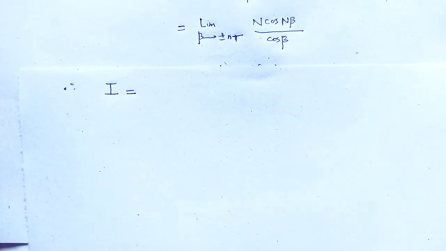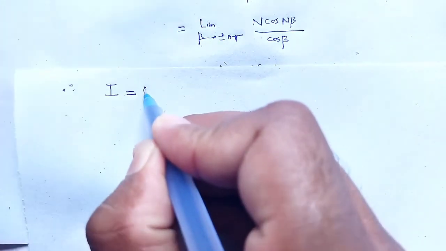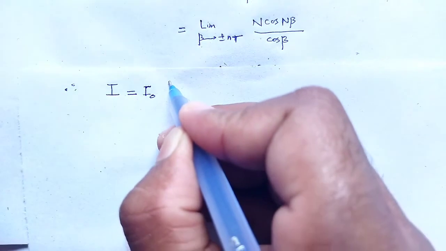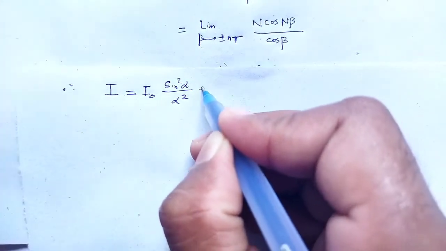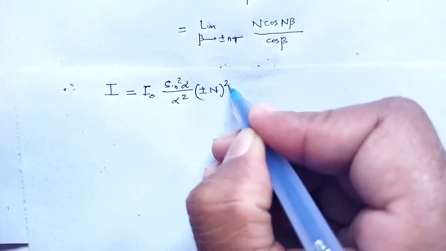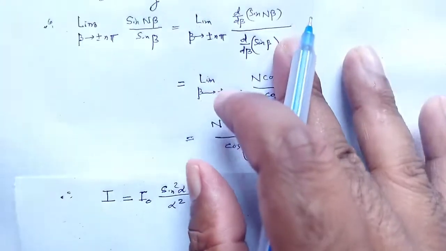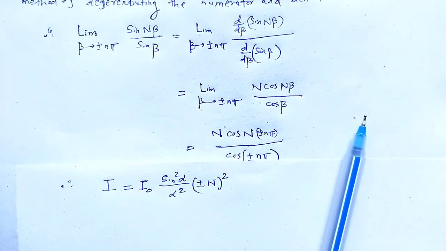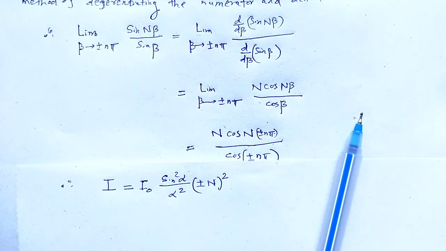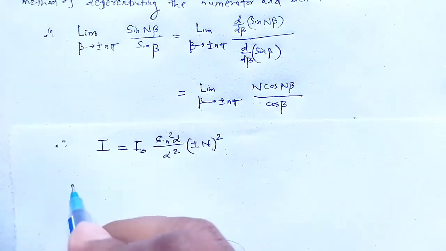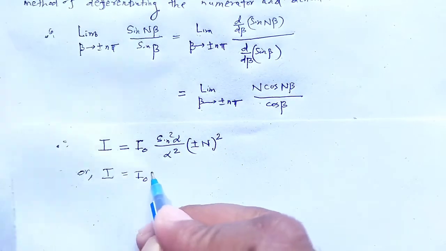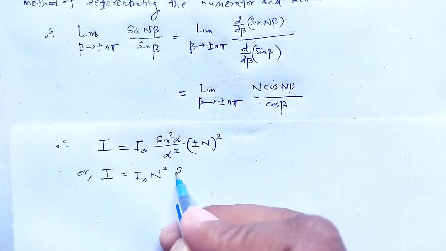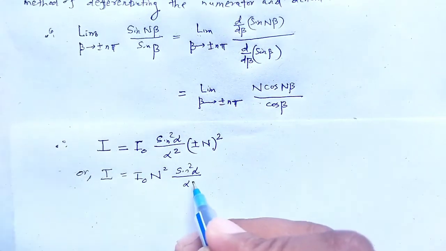So, I is equal to I naught sin square alpha by alpha square times plus minus n whole square, as we evaluated sin n beta by sin beta, or intensity I is equal to I naught n square sin square alpha by alpha square.